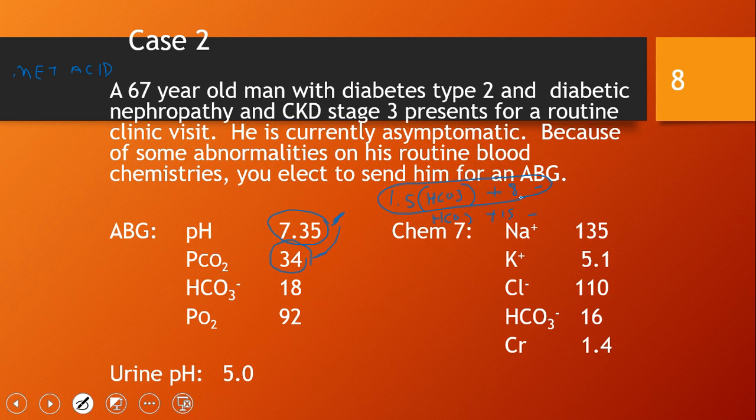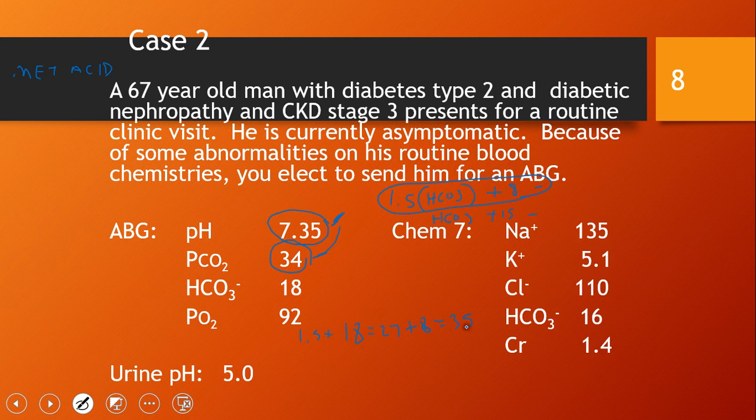So 1.5 times HCO3. Where's his HCO3? We're looking at 18. So we multiply that times 1.5. The easy way that I like to do that is basically just 18 and then half of 18. So 18 plus 9 is 27. Then we're going to add 8 to 27. So 8 plus 8 would be 16, so 8 plus 7 must be 15, so 15 plus 20 is 35.